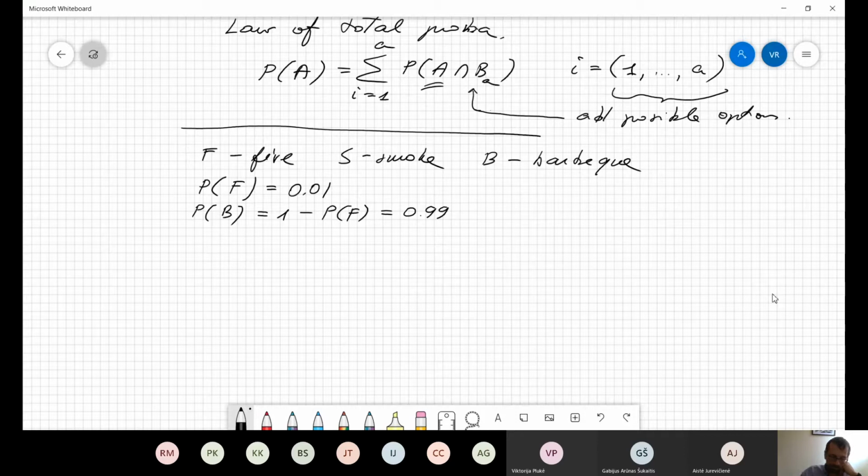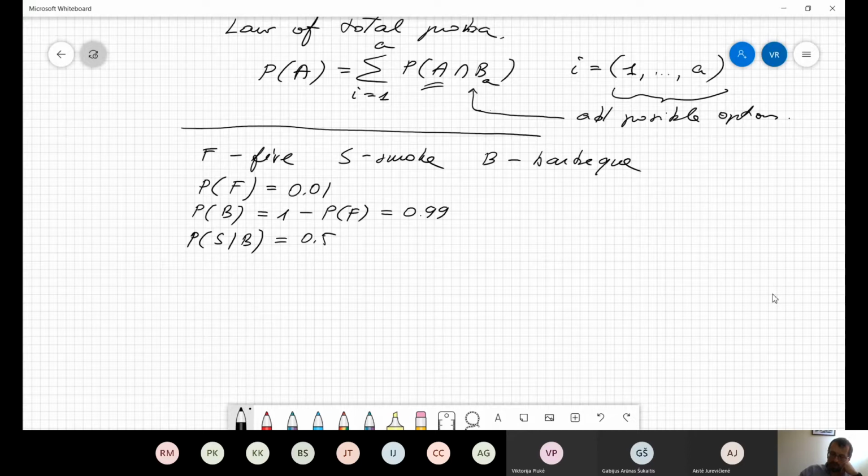Okay, so now the probability of having smoke given a barbecue, let's say it's not that often, right? Because now we have these various liquids burning the coal, so it's quite rare that we see fire coming up from the barbecue. So let's say it's 50%.